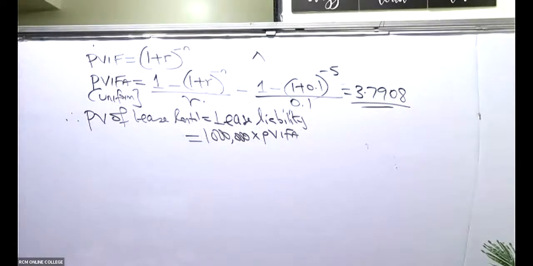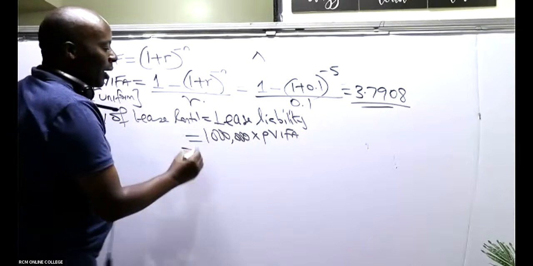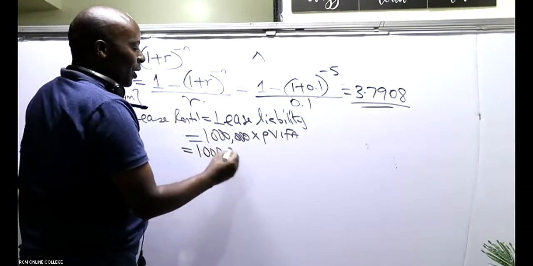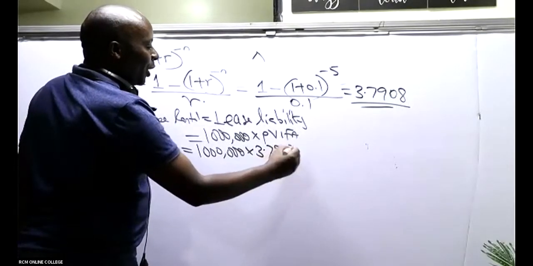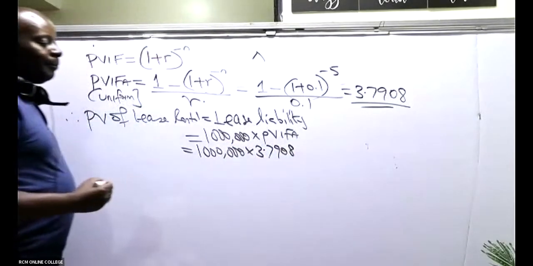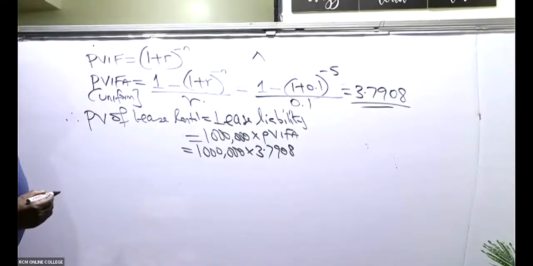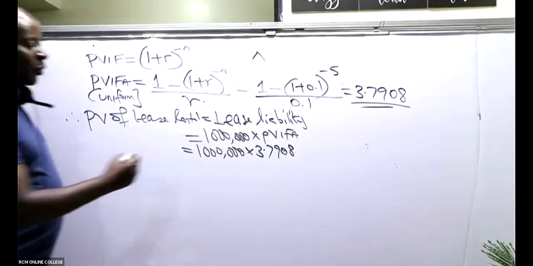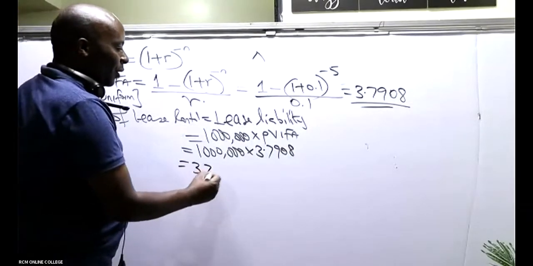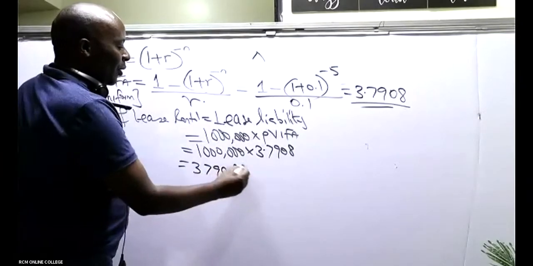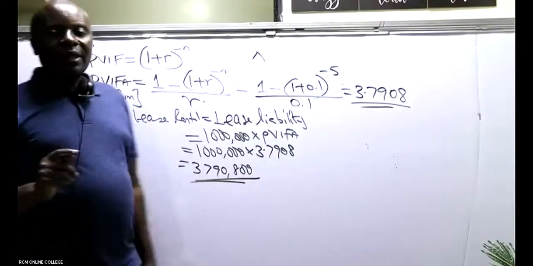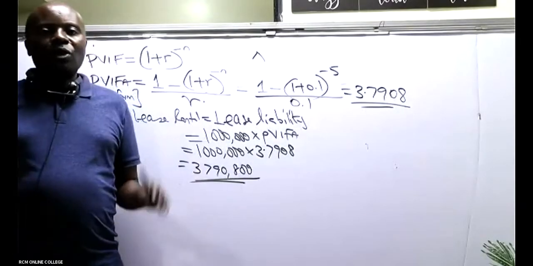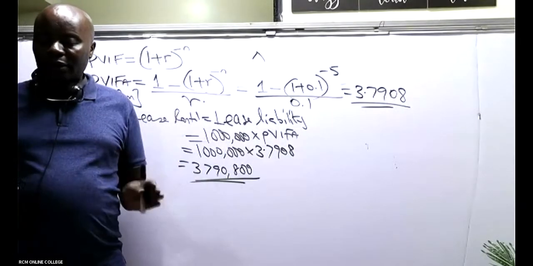So this one here will be $1 million, which you are paying every year, times PVIF of 3.7908. Which will be the same as 3,790,800 Kenya shillings. So this is what we owe this gentleman, the landlord, in total, having discounted.